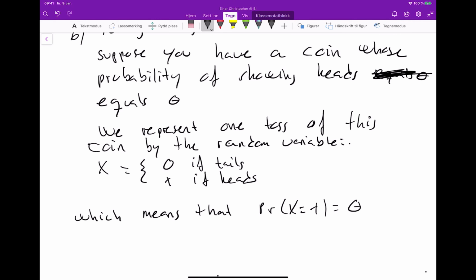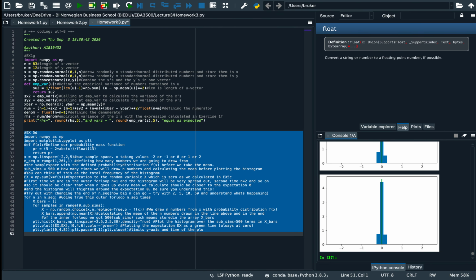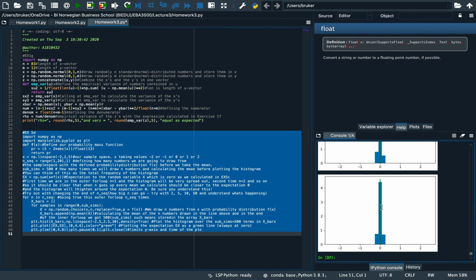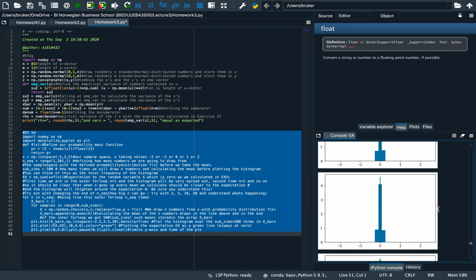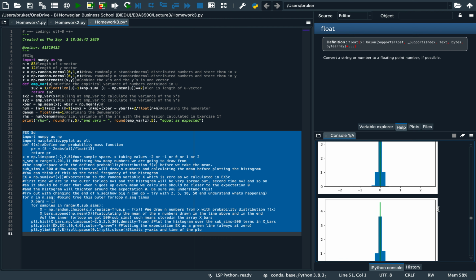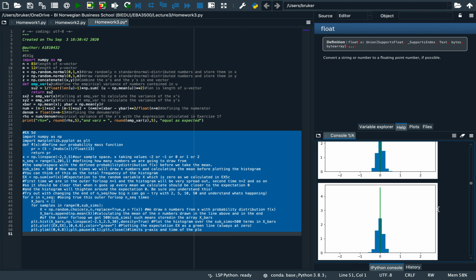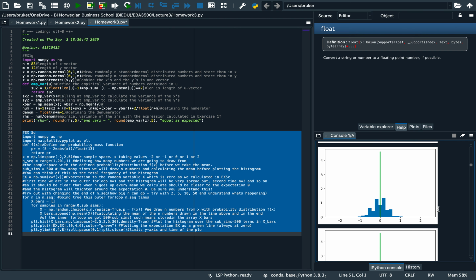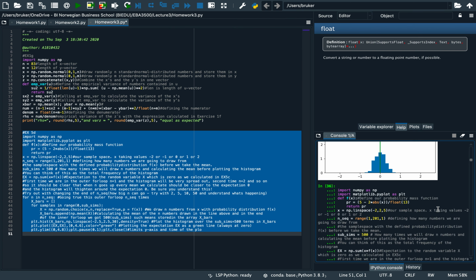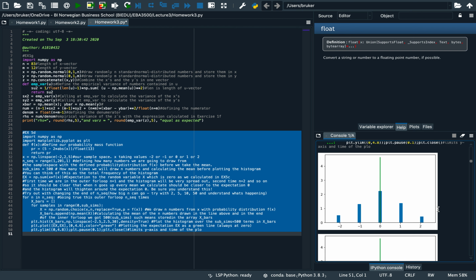So this is what we are going to work with now, but let's go back to the Python code and see what has happened here. Now we have, as you know, 200 histograms. I don't know if you can see everybody here. Maybe, maybe not. Yes, we could actually. As usual, the first one is always 500 numbers drawn from the sample space with our probability mass function.